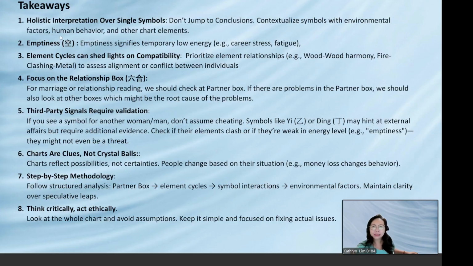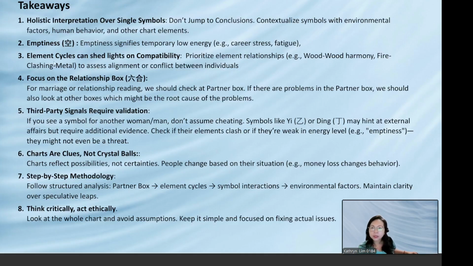So emptiness can represent a person's energy being low. It doesn't mean that he's away in the relationship. It doesn't mean he wants a divorce or whatsoever, but it could mean that as well. It can literally just mean low energy.